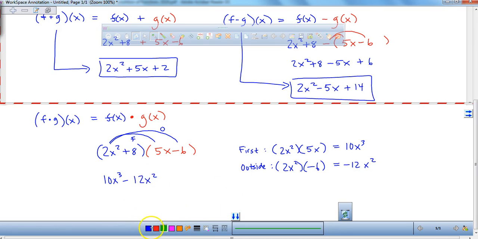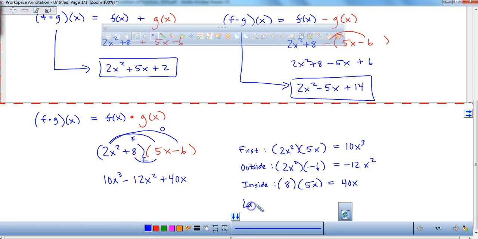Then we're going to go ahead and do the inner terms, the I for the inside terms. So that's 8 times a 5x, which is 40x. So I'll put plus 40x.